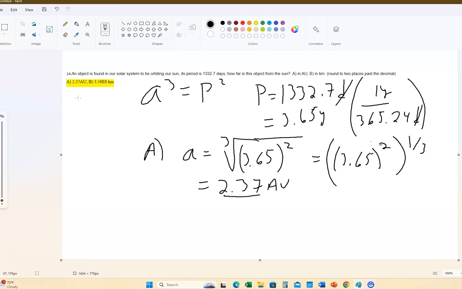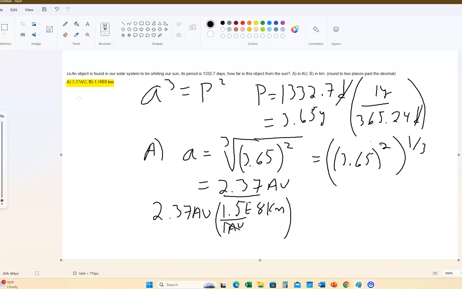So we're going to take this number 2.37. That's the rounded version. I'm going to use the unrounded version that's in my calculator, and I just know that in 1 AU there are 150 million, or you could write it this way: 1.5 times 10 to the eighth kilometers. That's just a quicker way of writing that.